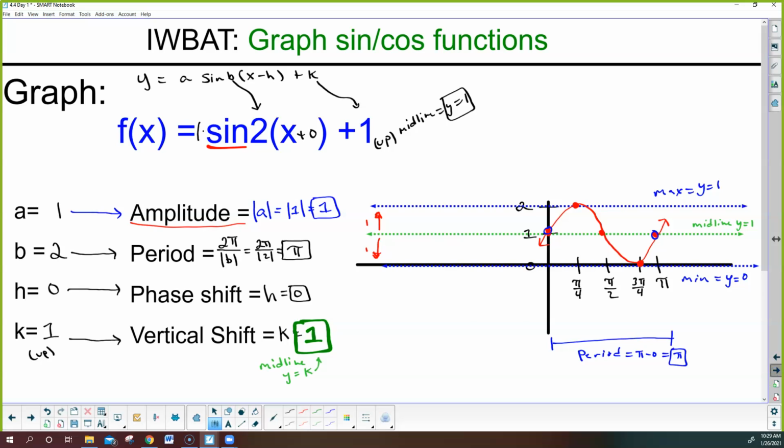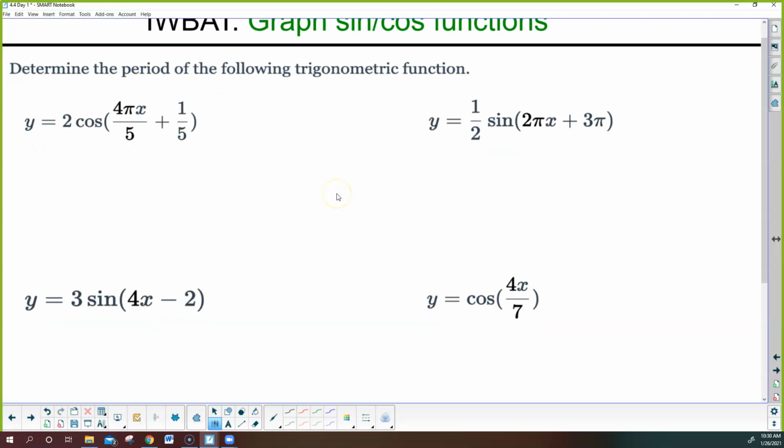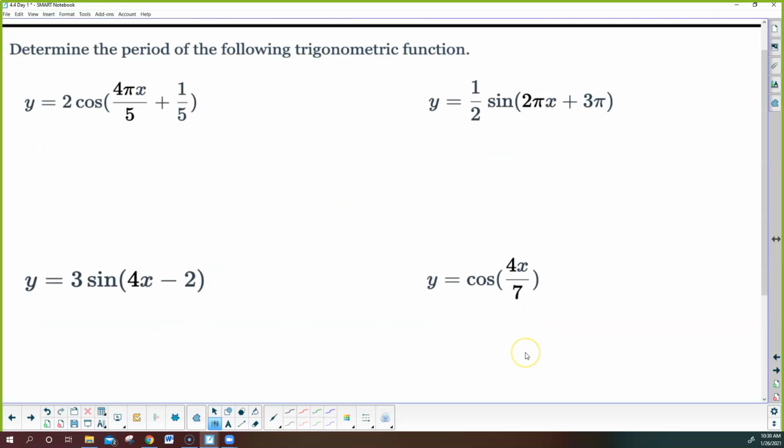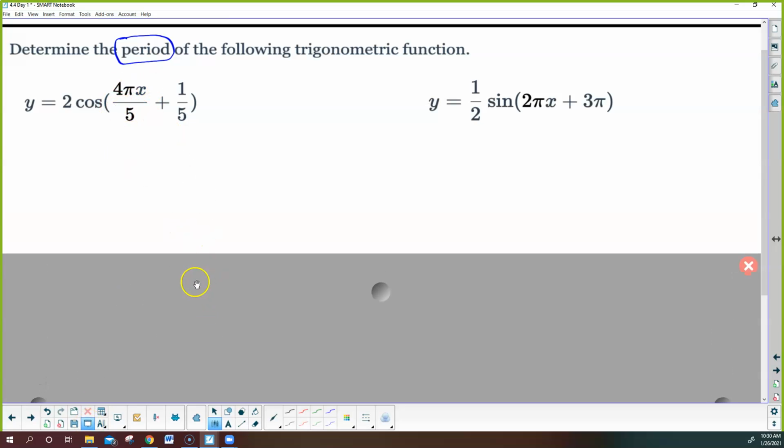All right, so what are you going to be looking at? We're not going to do all of these, we'll just do a couple. So some of your homework tonight is just on Delta Math, is just determine the period. So determine the period of the following trig functions. I want you to write down this first one. Okay?